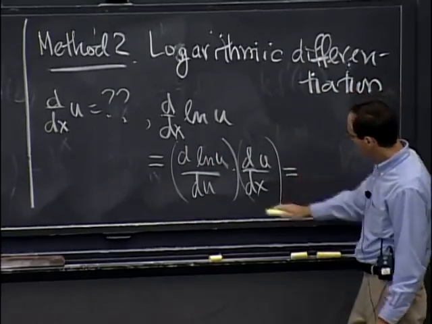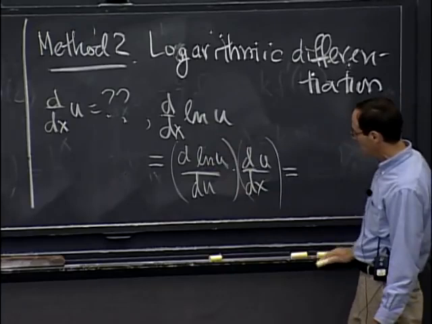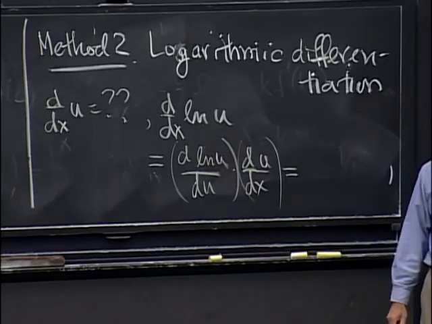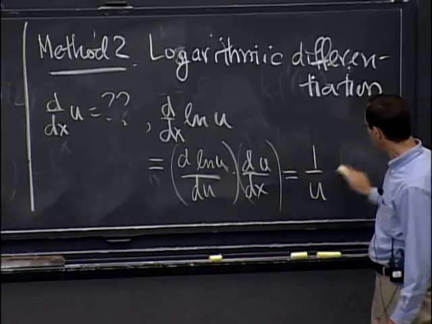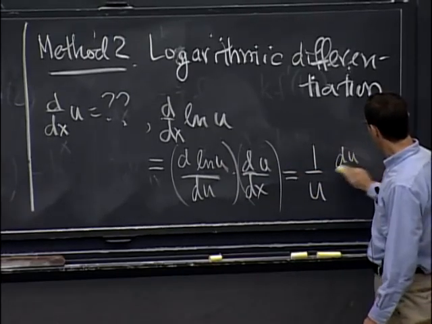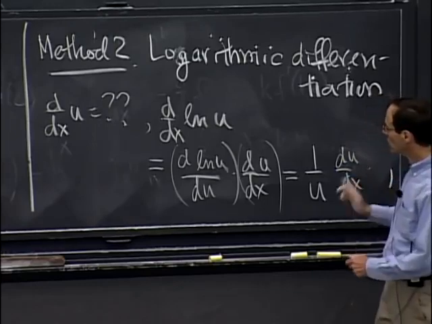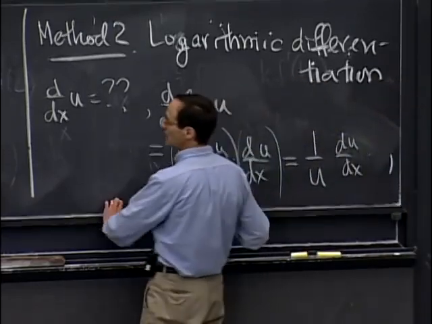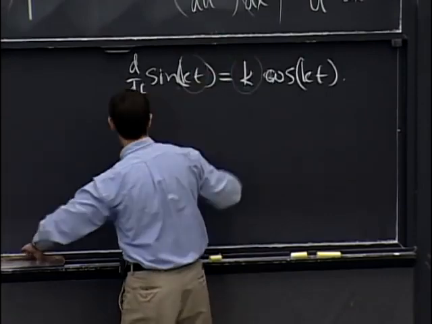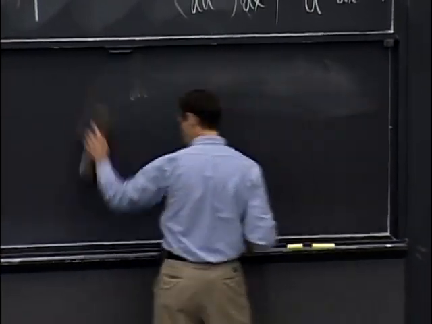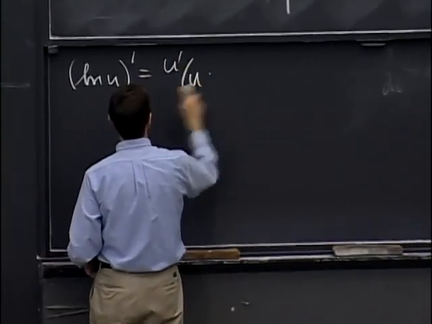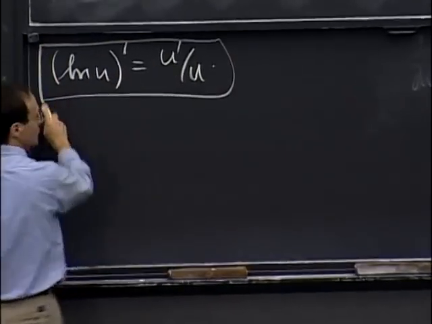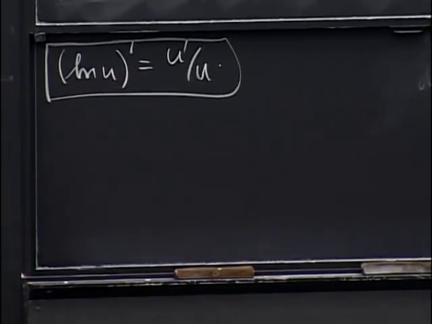And that's the same thing. So remember what the derivative of the logarithm is. This is, what is it? 1 over u. So here I have a 1 over u, and here I have a du dx. So I'm going to encode this on the next board here, which is the main formula that you always need to remember, which is that log u prime is equal to u prime over u. Okay, that's the one to remember here.